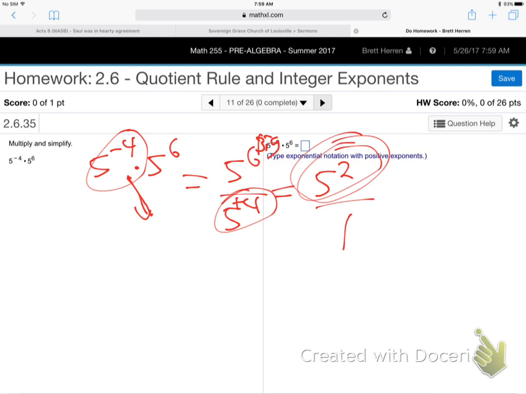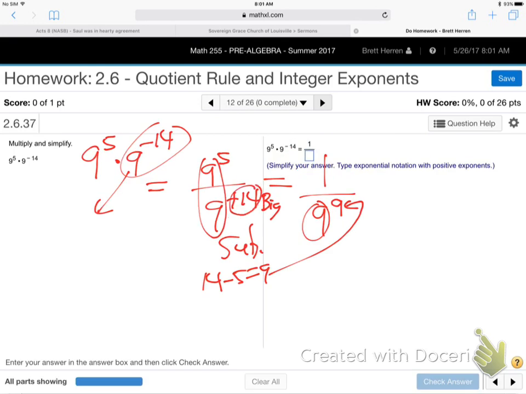See, 6 is bigger than 4, the bigger's on the top. That was the last one. This one, 14's on the bottom, the bigger's on the bottom, so the answer ends up on the bottom. If the bigger one's on the bottom, the answer ends up on the bottom.